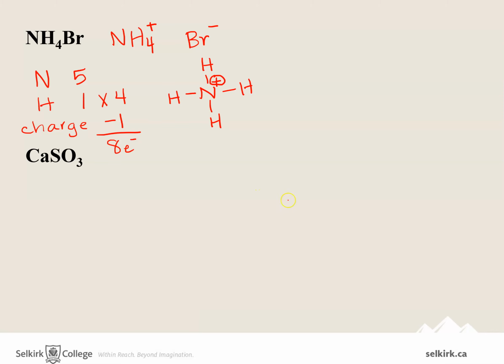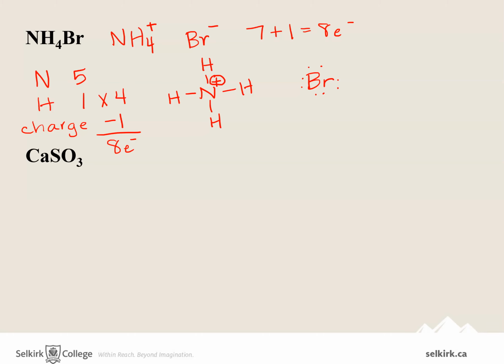All right, what about the bromide ion? Bromine has 7 valence electrons, but it's got a -1 charge, so we're going to add 1 for 8 electrons. 2, 4, 6, 8, complete octet for the bromine. And when do we worry about formal charge? We always worry about formal charge.